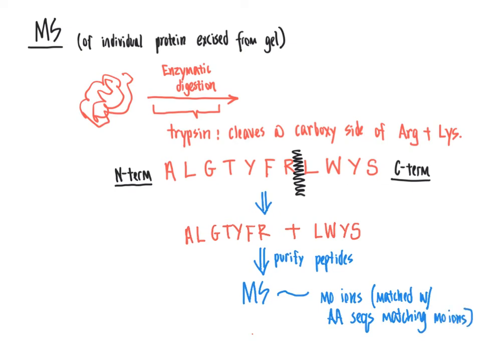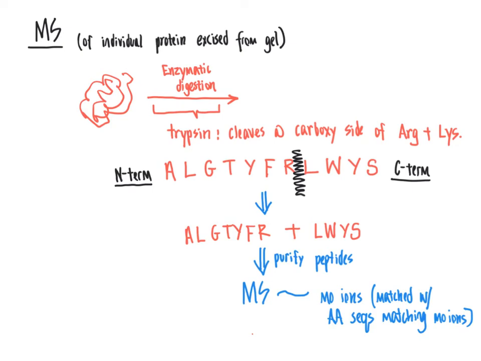Because given the fact that there are only 20 standard amino acids, there's a limited number of combinations and possibilities of molecular ions that can result here. Because remember that the molecular ion is generally equal to the molecular weight of that fragment plus or minus 1, corresponding to the negative or positive charge that it took on in order to be ionizable. And so we can match that up with specific amino acid sequences.